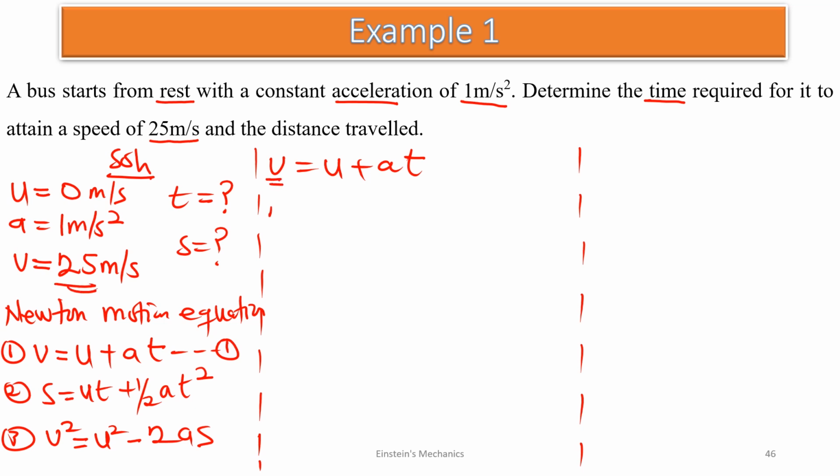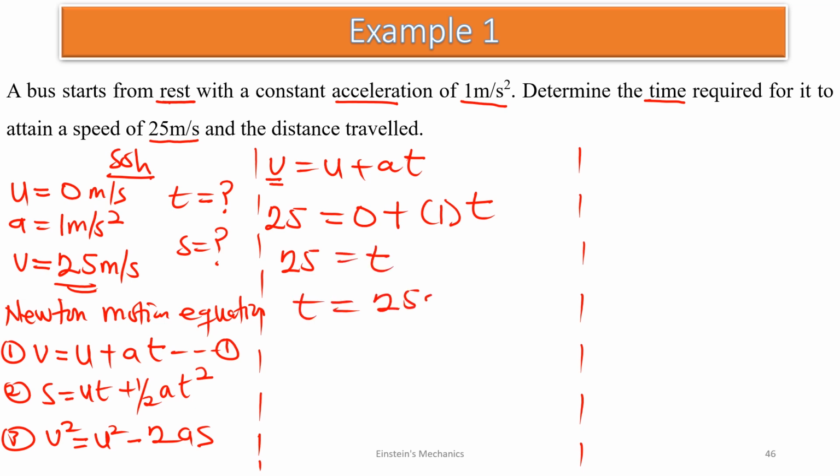So 25 is equal to, the bus started from rest, which means the initial is 0, plus an acceleration of 1 and a time that we are interested in. So this is going to give us 25 is equal to t. Therefore, t is 25 seconds. So it attained this speed after 25 seconds.